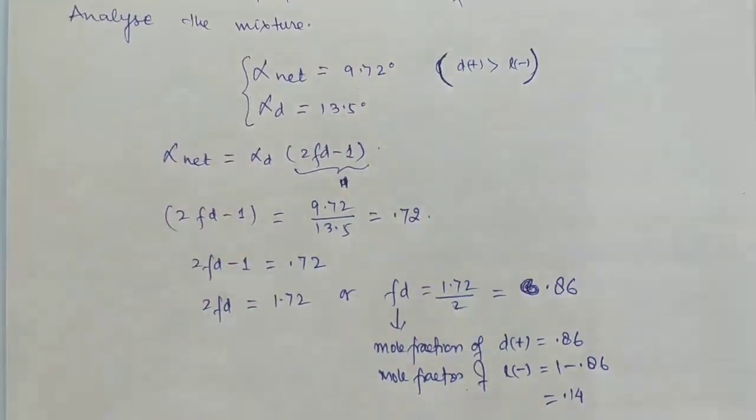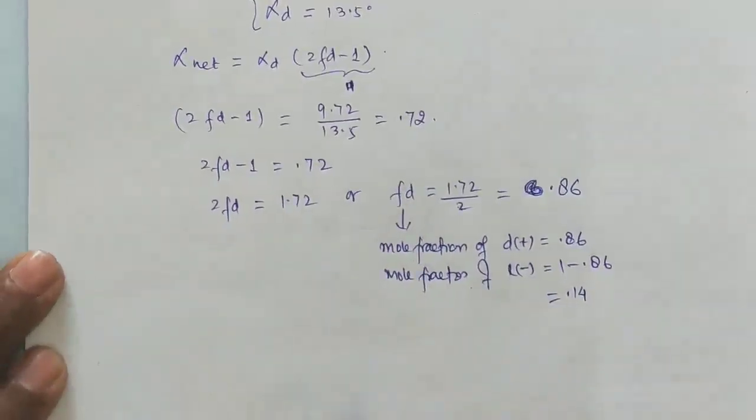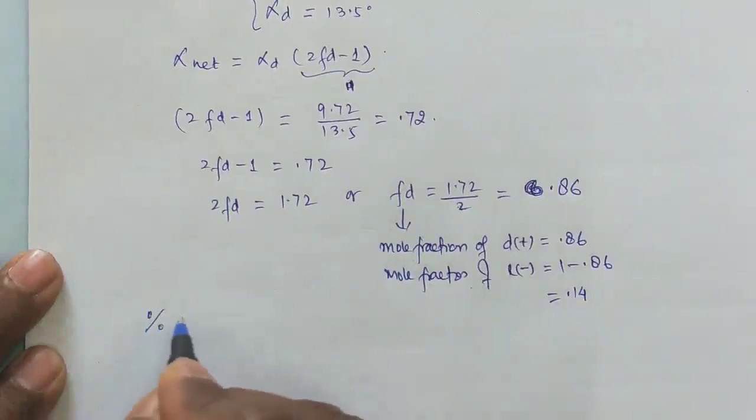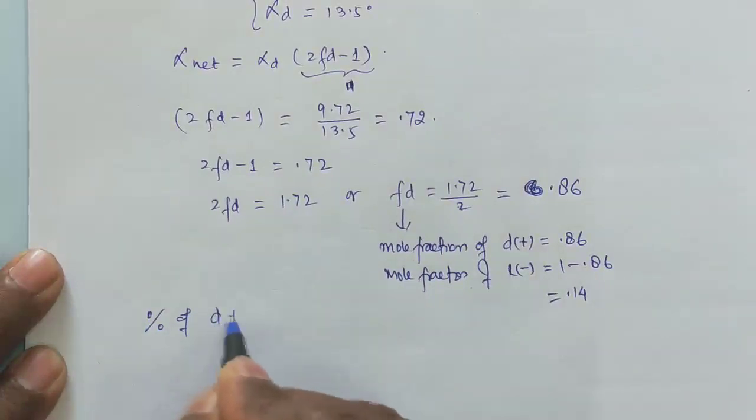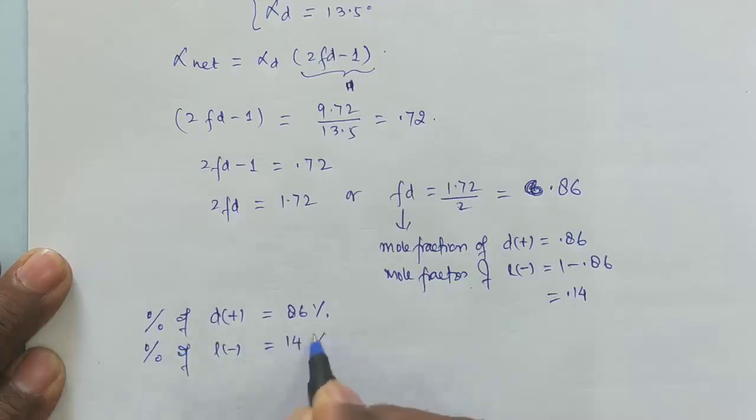0.14. So if you want to write this data in terms of percentage, the percentage of D plus enantiomer is 86% and percentage of L isomer is 14%.